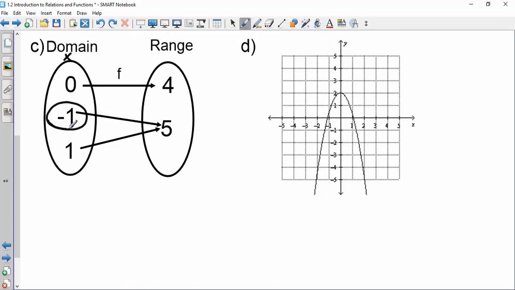So when my x is negative 1, what's my y? When my x is negative 1, what's my y? So we're looking on this graph. When my x is negative 1, you find the point on your curve, and what's y? About 0.5 or 1/2.